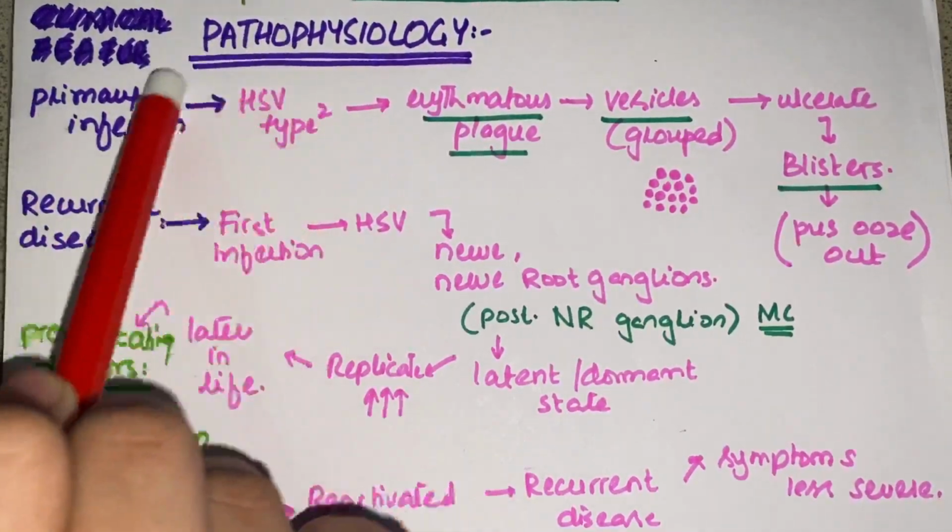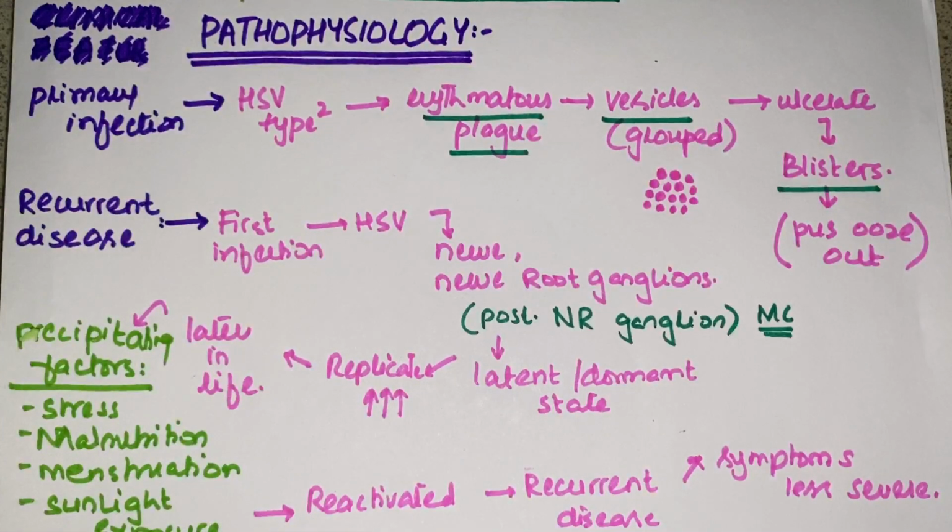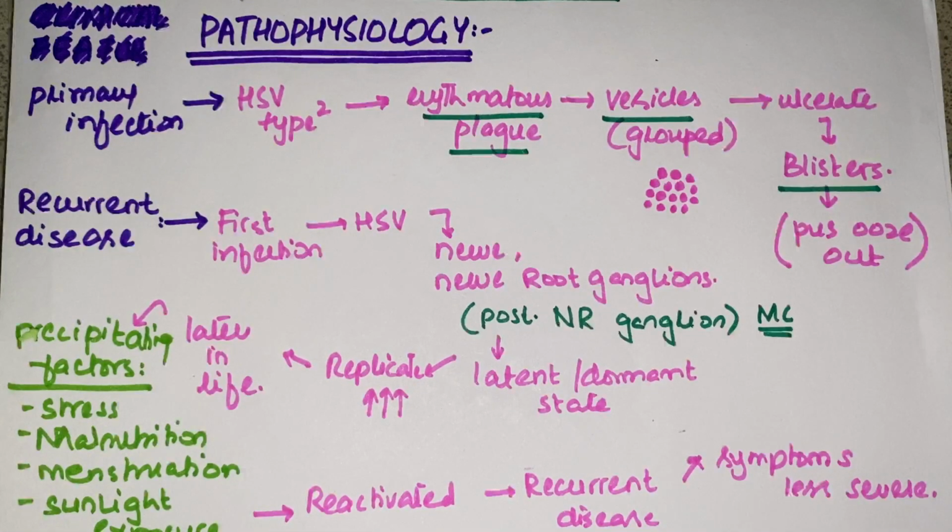The virus comes to the genital area and first produces an erythematous, reddish plaque. Later this plaque changes into vesicles, which are in groups, so these are grouped vesicles. If we don't treat it, ulceration develops within these vesicles and they turn into blisters, which are larger vesicles, and appear as if pus is oozing out of them. This is the whole pathophysiology of primary infection.